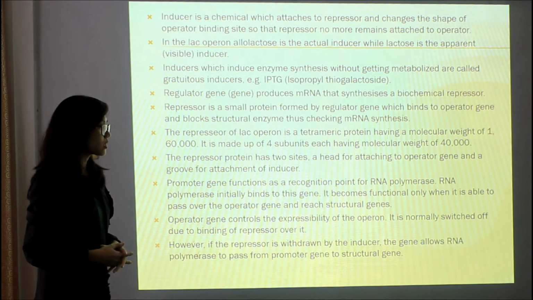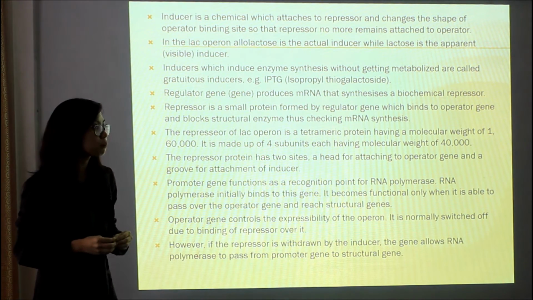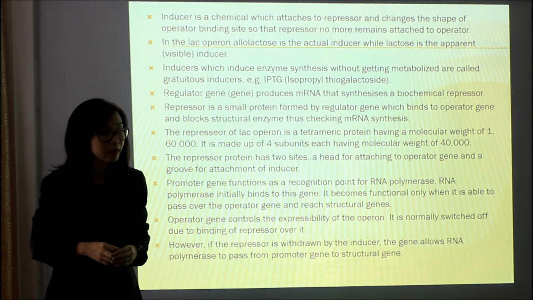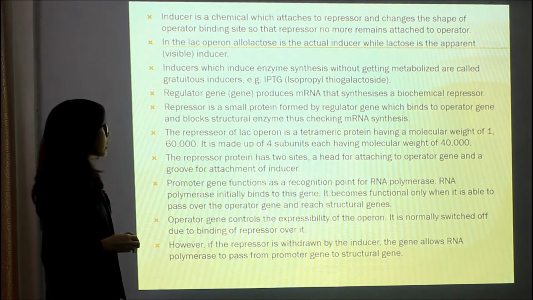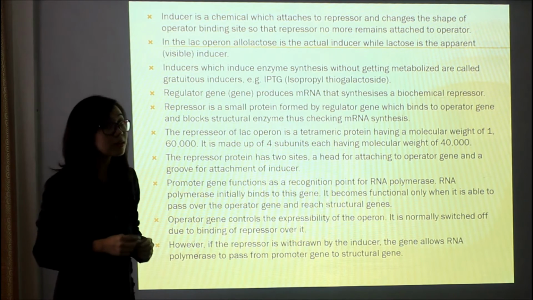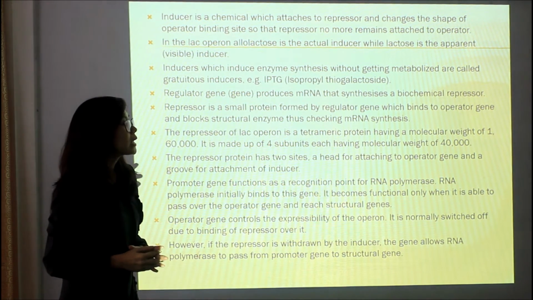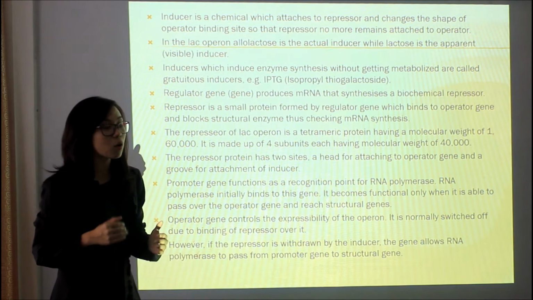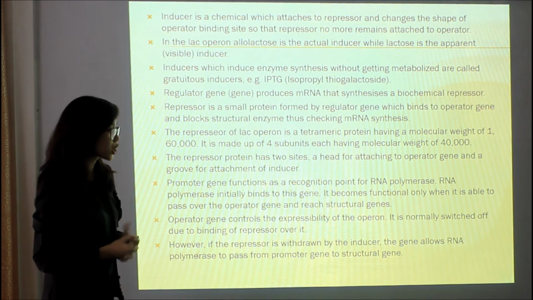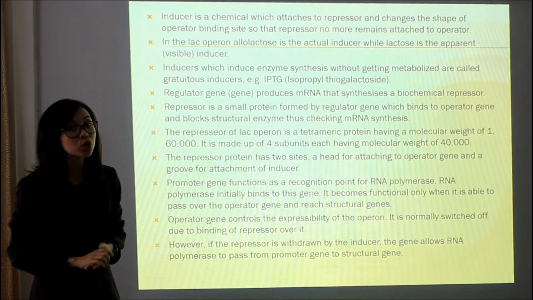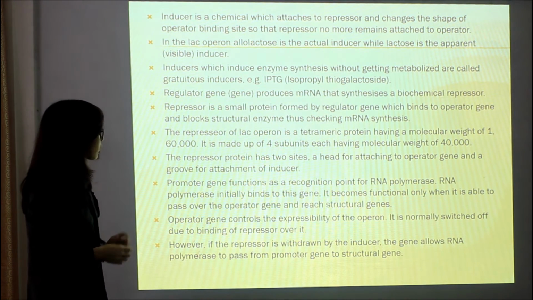The promoter gene functions as a recognition point for RNA polymerase. RNA polymerase initially binds to this gene. It becomes functional only when it is able to pass over the operator gene and reach the structural genes.